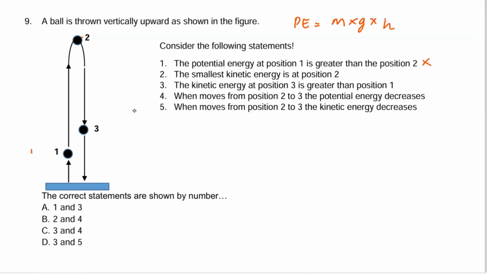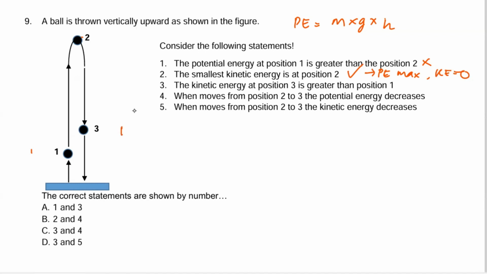So this one is wrong. And then the smallest kinetic energy is at position 2, yes, it's correct, because here PE is maximum. And when PE is maximum, the KE is equal to 0. Okay, and then the kinetic energy at position 3 is greater than at position 1. The kinetic energy is actually getting bigger and bigger when it's going downward.